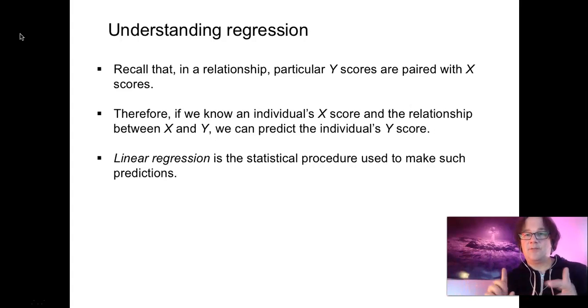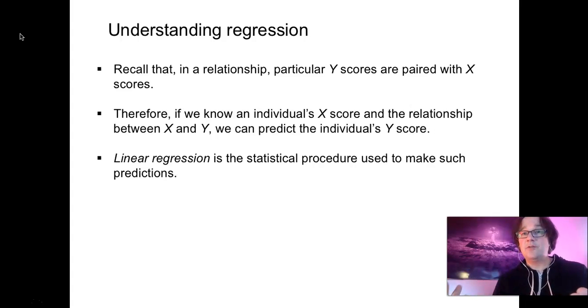So let's think about that for a second, right? If we know that two variables are very strongly positively correlated, and you tell me someone scores low on x, then I can assume that they're also scoring low on y. How can I make that prediction?